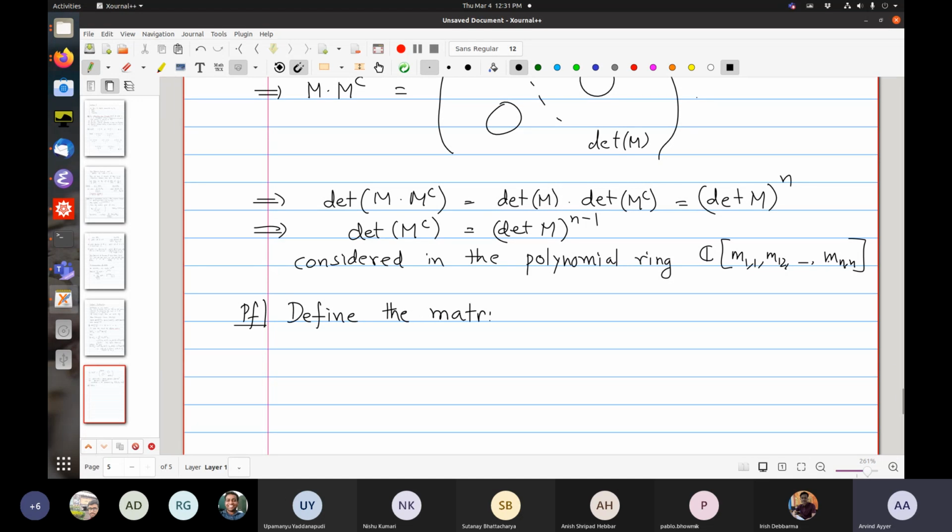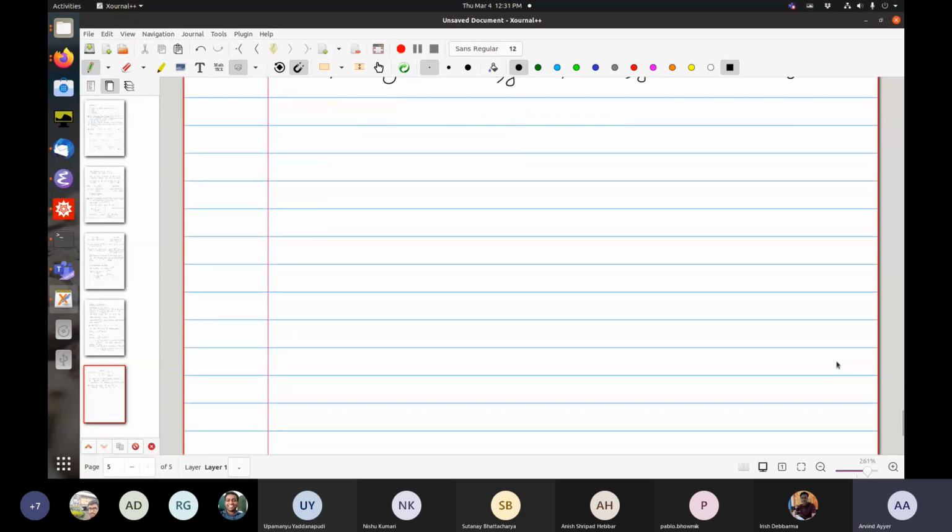So, define the matrix M star from MC by replacing MC_ij by delta ij for 2 less than or equal to j less than or equal to n minus 1.